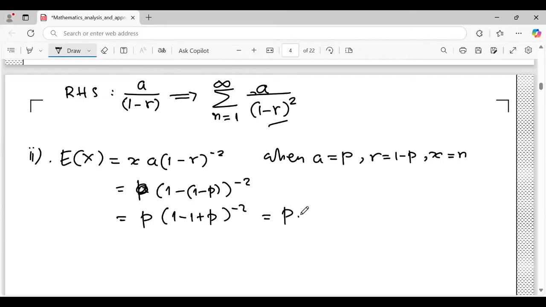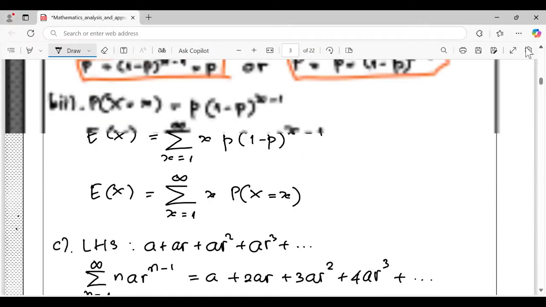It is p times, this is 0, 1 over p squared. p over p squared, 1 over p is E(X).